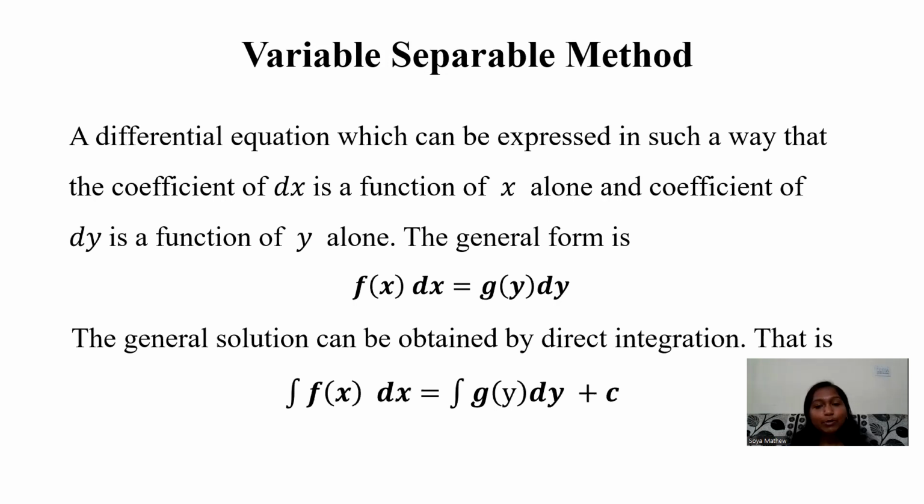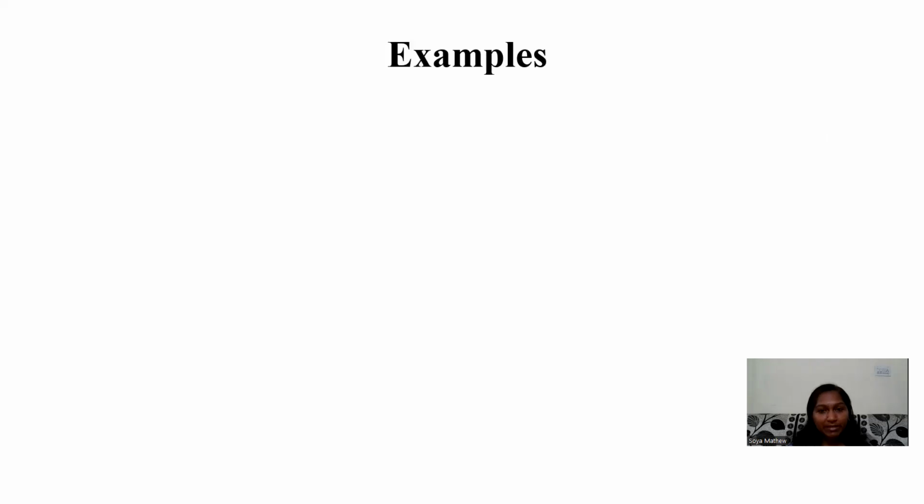The general solution is obtained by direct integration. So it takes the form integral of f of x dx is equal to integral of g of y dy plus a constant.